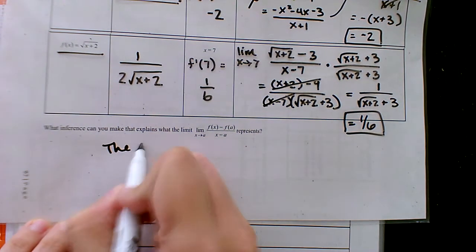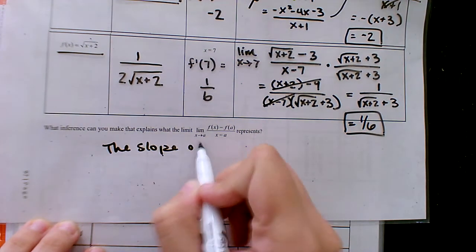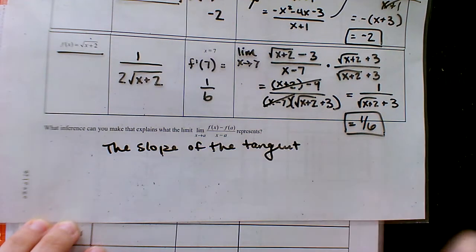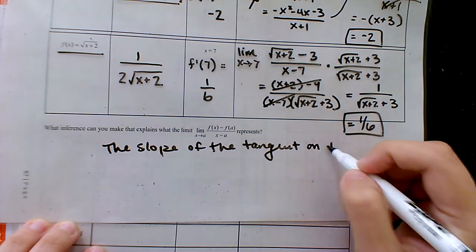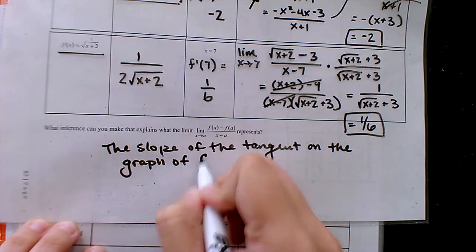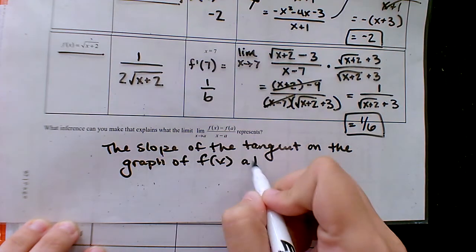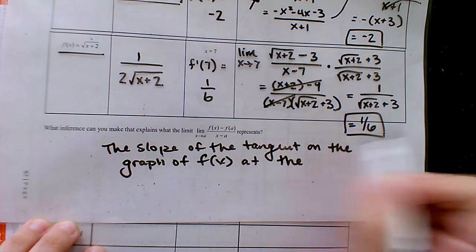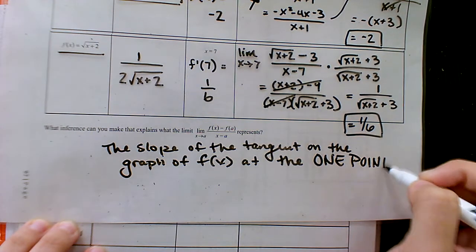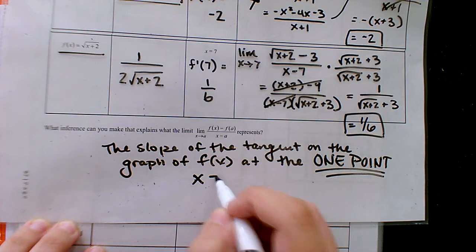So this can represent the slope of the tangent line, okay, aka derivative, on the graph of f of x at the one point, okay, x equals a.